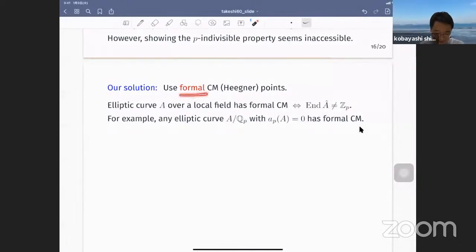It's not a global object. It's a hybrid object. An elliptic curve A over a local field has formal CM if the endomorphism ring of the formal group is bigger than Z_p. For example, any elliptic curve defined over Q_p with a_p equals 0 has formal CM. So A might not have CM globally, but locally it behaves like a CM elliptic curve.